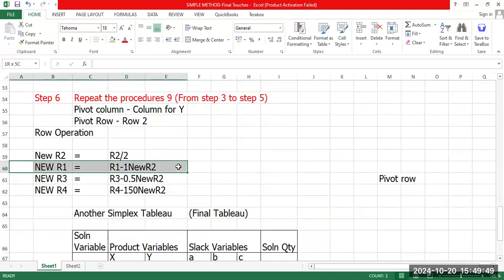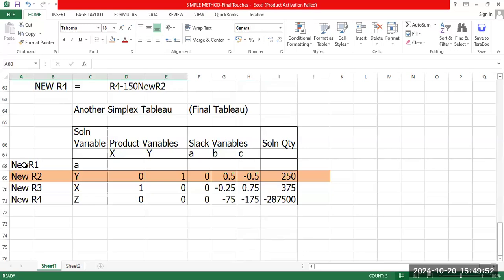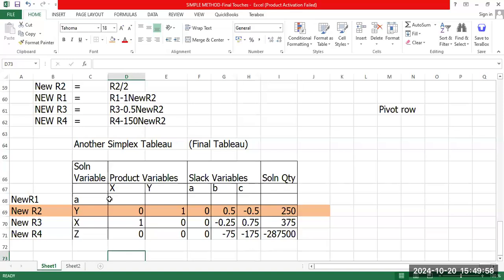Remember, we are following this formula to fill this row 1. Very slow.